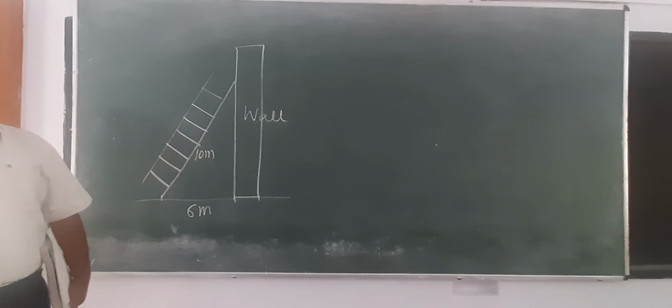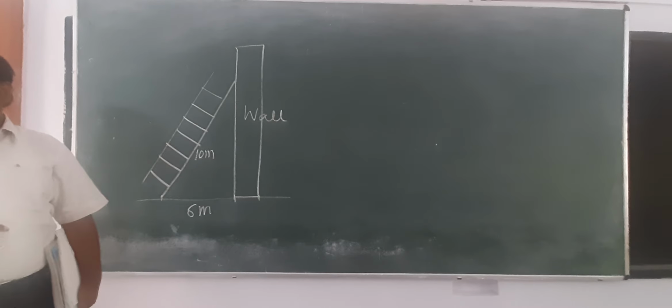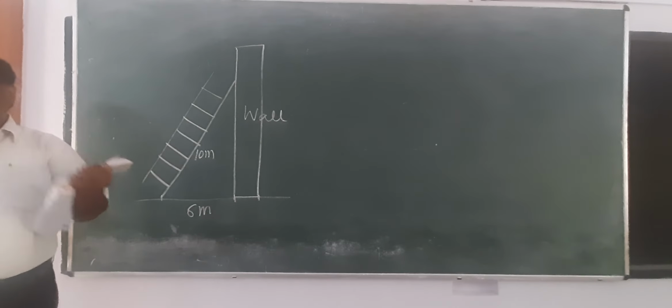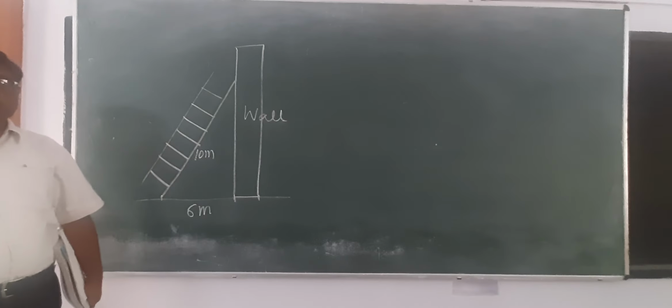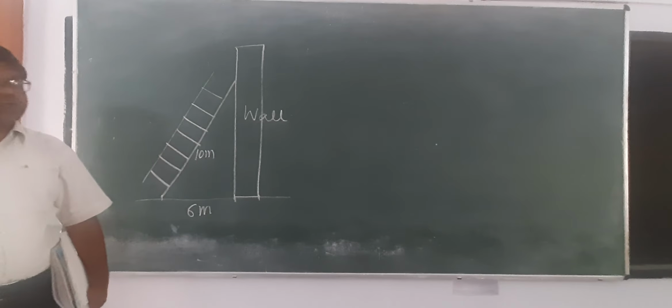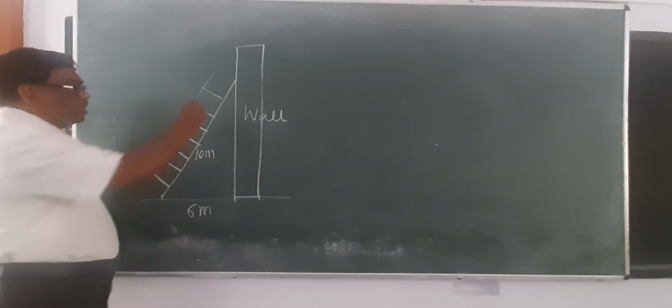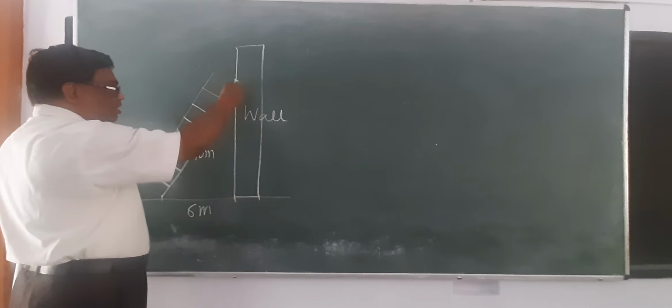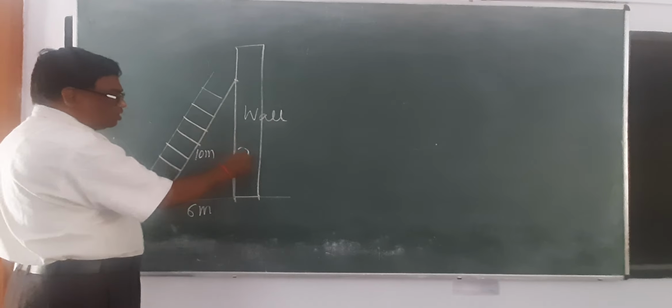You have to find the height of the point on the wall where the top of the ladder reaches. मतलब उस पॉइंट की हाइट फाइंड आउट करनी है जहाँ तक top of the ladder पहुँचे. मतलब ये you have to determine.